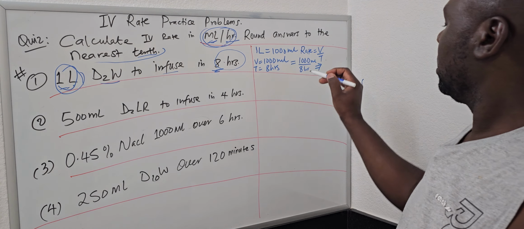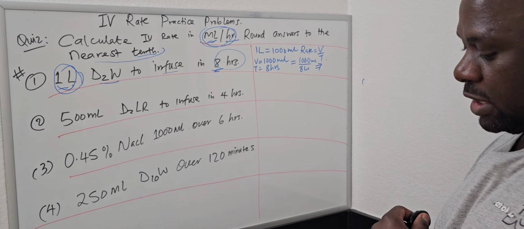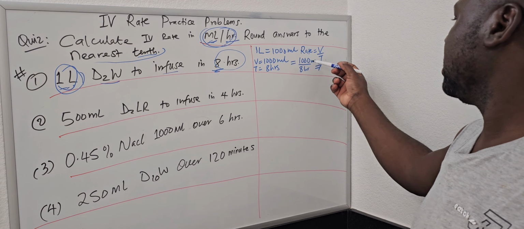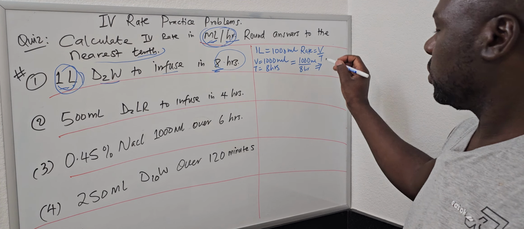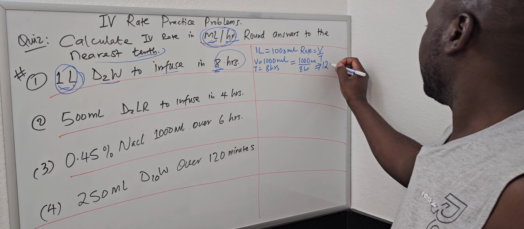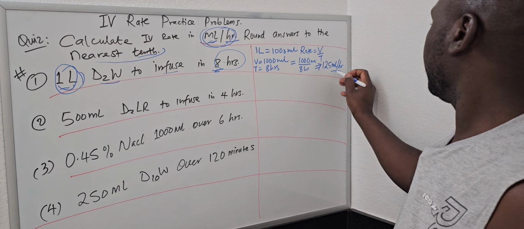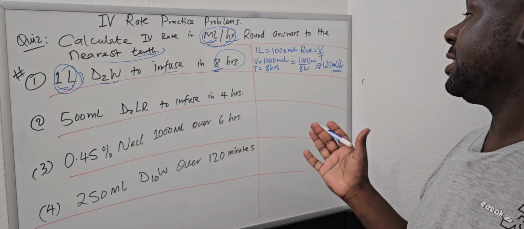You can use your calculator actually, it's not prohibited. Just plug in the numbers, and the answer will be 125 ml per hour. Always put your units.